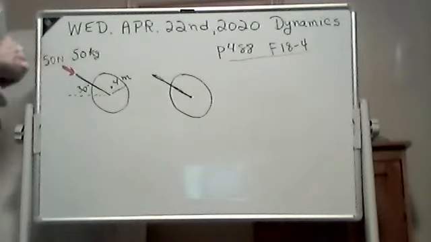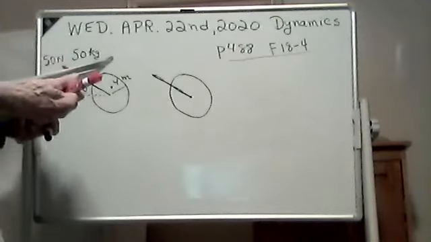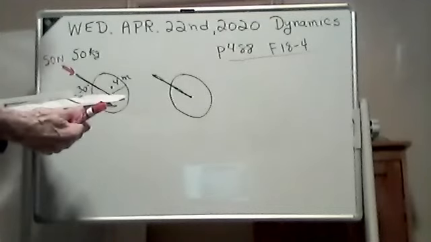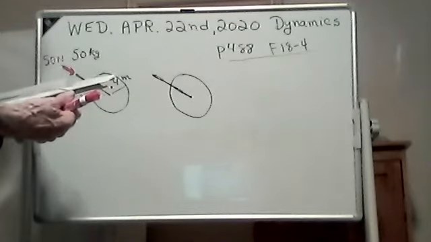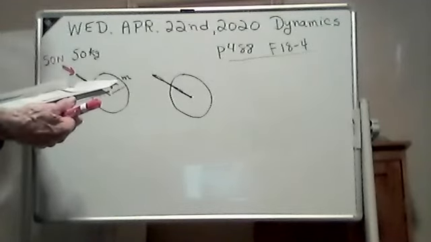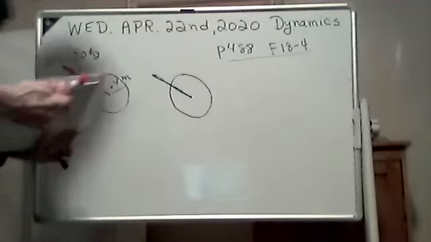Okay, is there anything else? Let me read it. Force starts from rest, rolls without slipping. It rotates 10 revolutions. Radius of gyration, they give you that. It's 0.3.